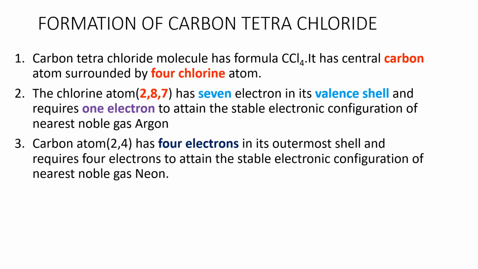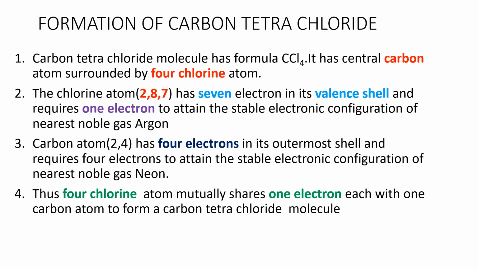Whereas carbon, which has 4 electrons in its outermost shell, requires 4 more electrons to complete an octet and attain the stable electronic configuration of neon. So carbon and 4 chlorine atoms mutually share each other's electron and result in the formation of a stable carbon tetrachloride molecule, in which the central carbon atom shares 1 electron with each chlorine atom and results in the formation of a carbon-chlorine single bond. So there are 4 such carbon-chlorine bonds.